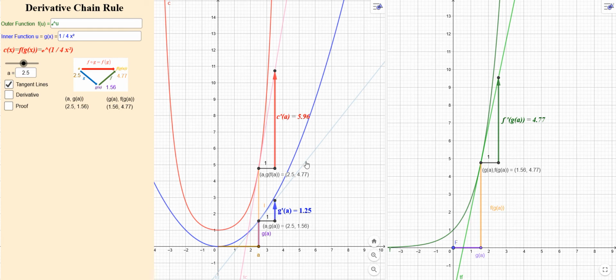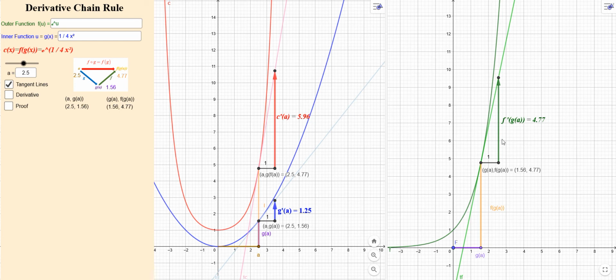The slope of this blue tangent line to the blue graph is g prime at whatever a is, in this case 2.5, and that's 1.25. That's this vertical change here when we go right one. That's the slope of that tangent line at that particular point, g of a, comma g of a, 2.5, comma 1.56. And so that slope is 1.25.